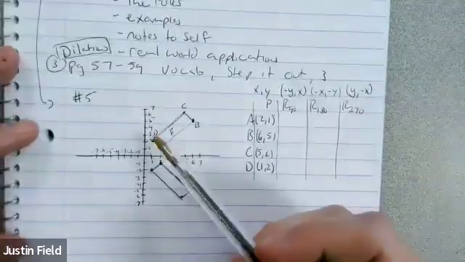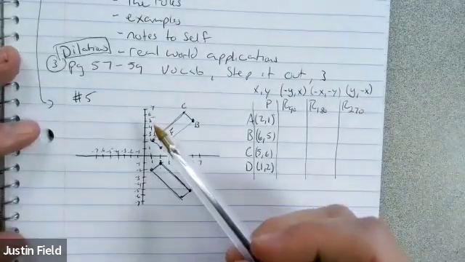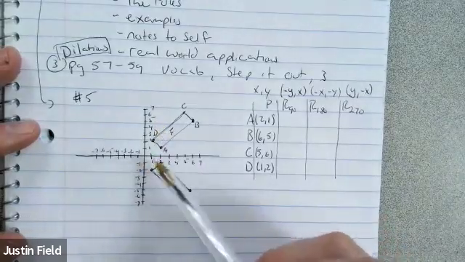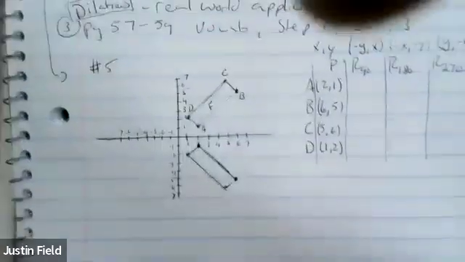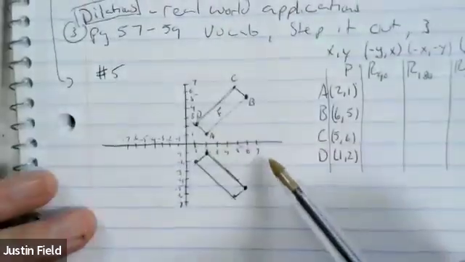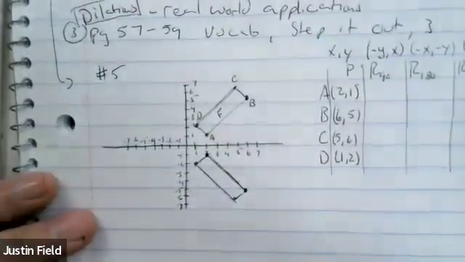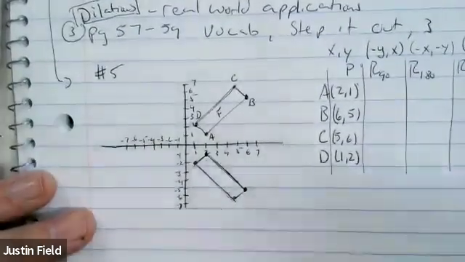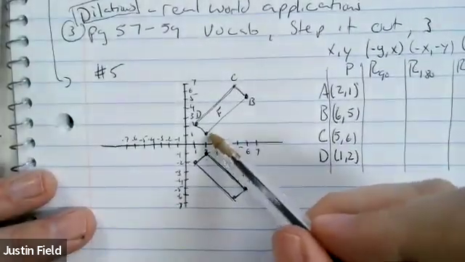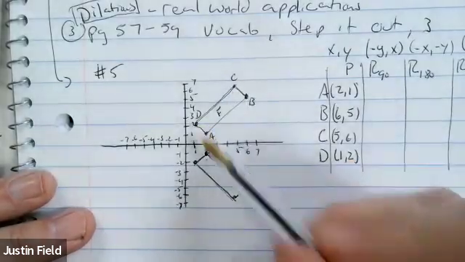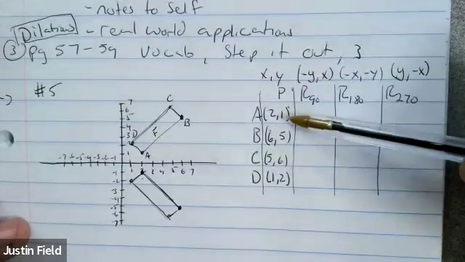So I just had to copy down a lot. I made the graph, right? I went to 7 for each one of the axes, 7 and -7. And then I labeled my rectangle A, B, C, and D. I also put the coordinates right here.